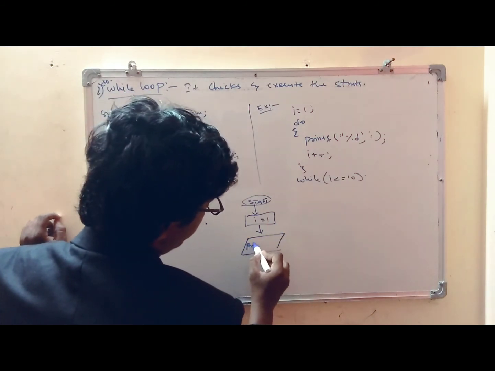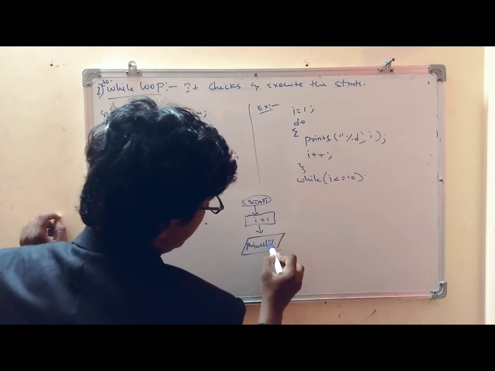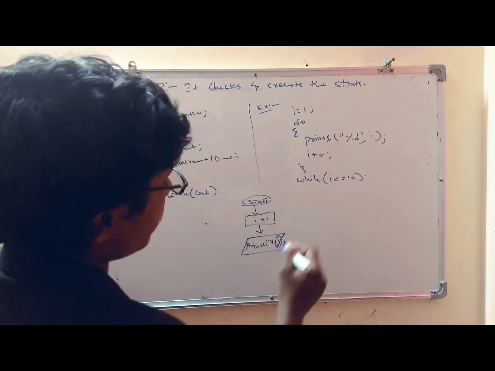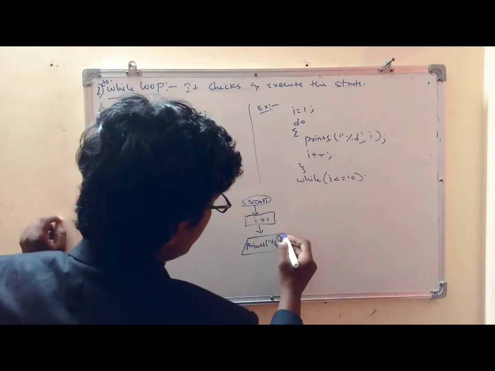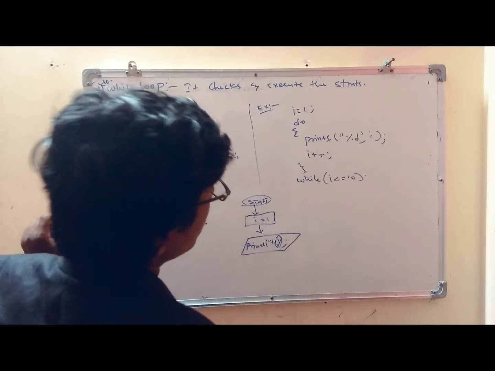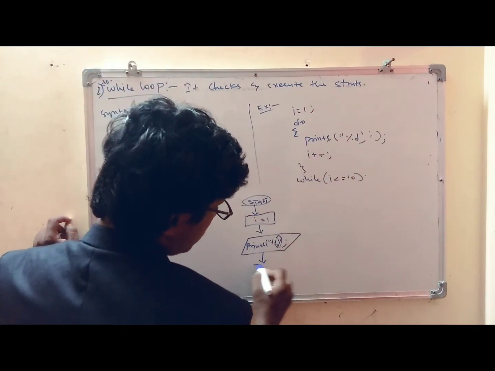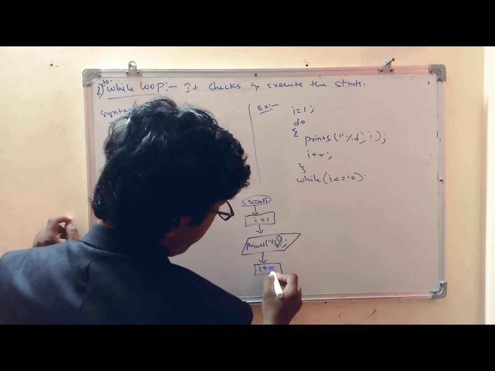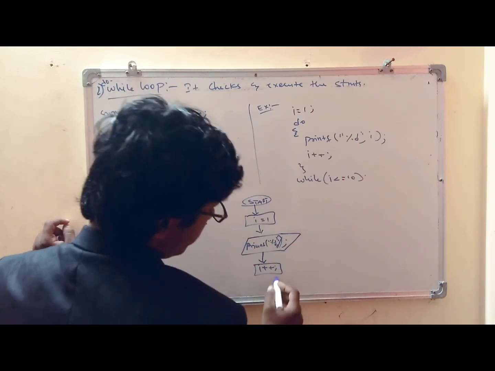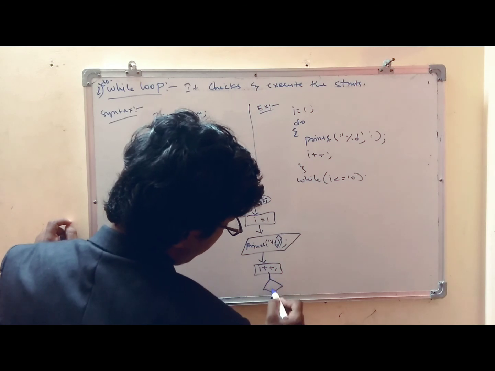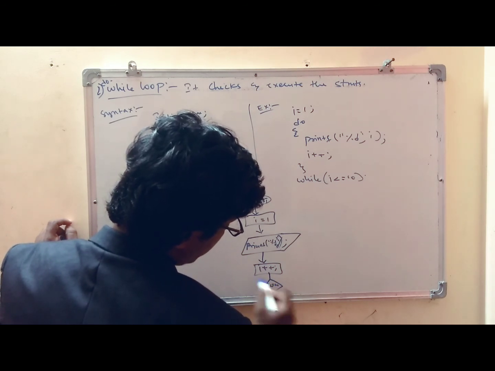What is the statement? printf("%d", i). Next after that, incrementation, it goes to increment, and after that it will go to the condition while i <= 10. Okay.